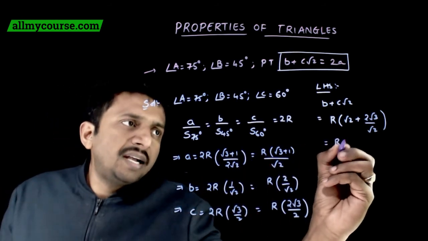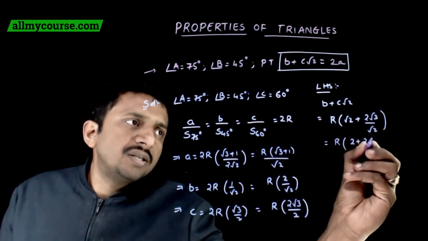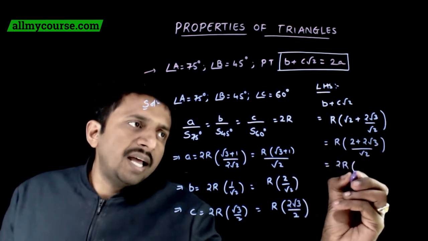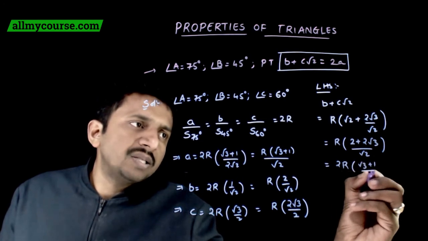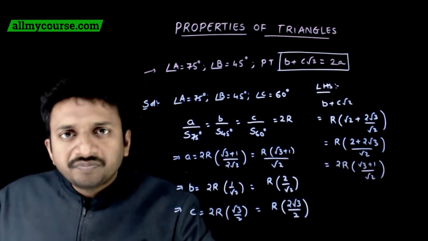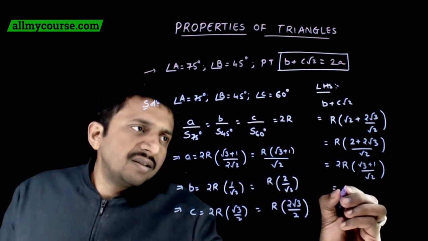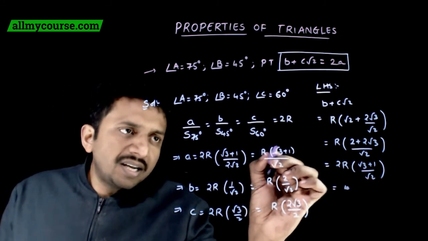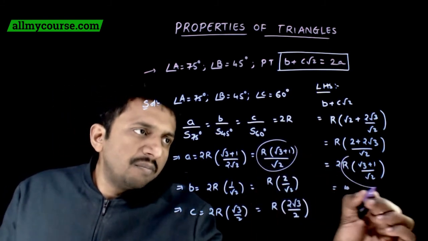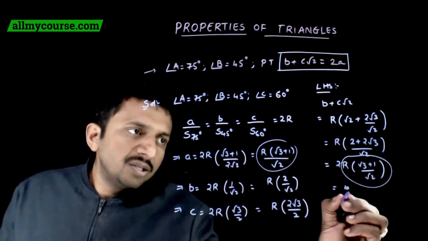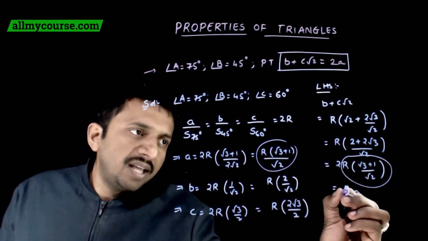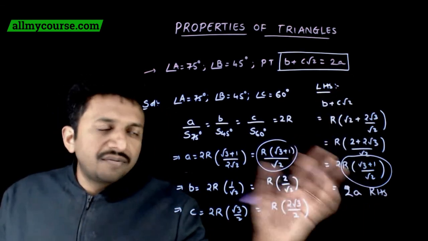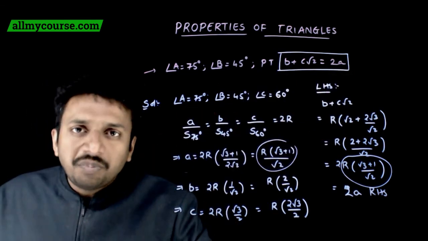That is equal to R times (2 plus 2 root 3) by root 2. That is equal to 2R times (root 3 plus 1) by root 2. And you can very clearly see that R times (root 3 plus 1) by root 2 is nothing but a. So I can write this as 2 times a, which is nothing but the RHS. So from the LHS, I have gone to the RHS, and this result is proved.